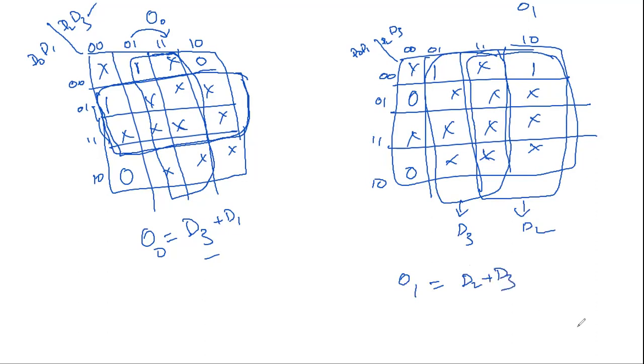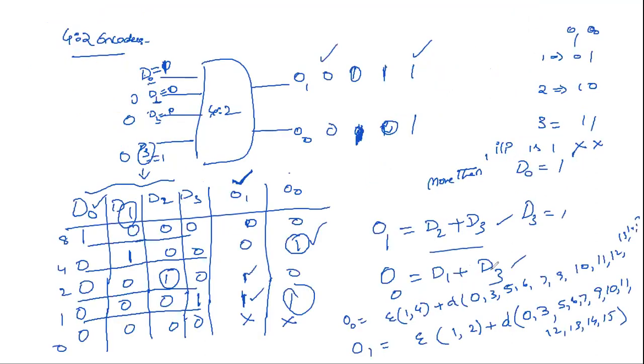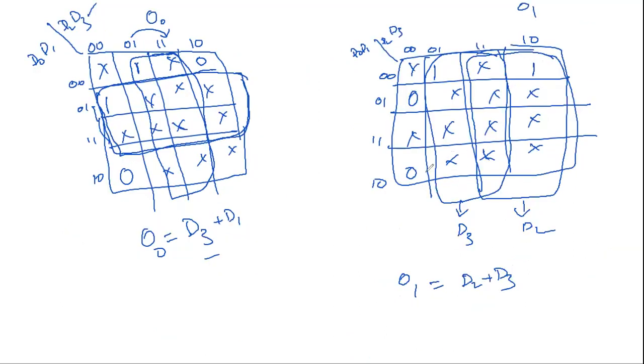See, previously theoretically also we get the same expression for O1 and for O0. Next, the circuit. What is the circuit? So this is an OR gate, giving O0 and O1.